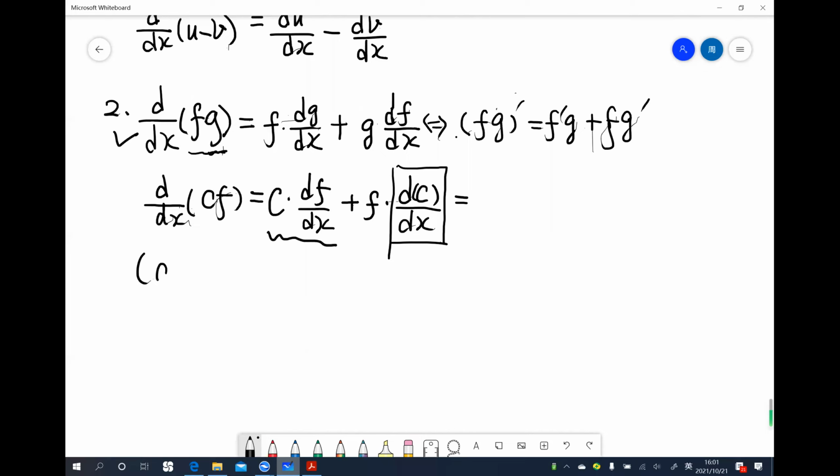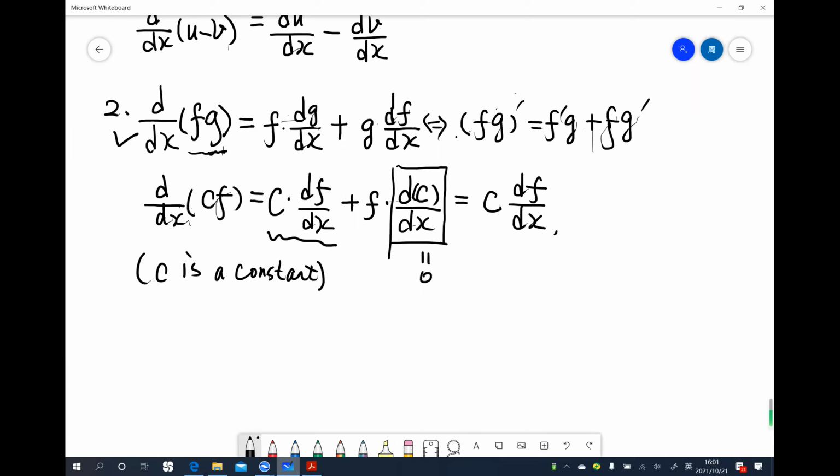The derivative of a constant equals 0, we have proven it. So f times 0 equals 0, and the result equals C times df/dx. Can you follow my steps?